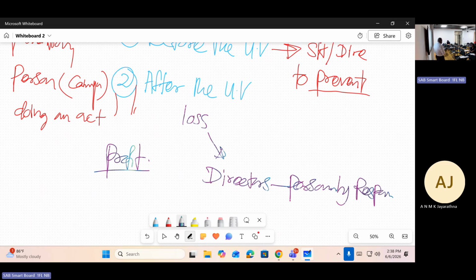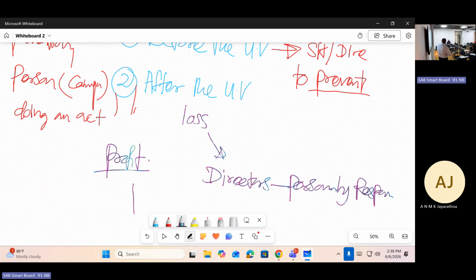The only thing is the company must be able to make a profit. Otherwise, they are personally responsible. The choice is given to the board of directors. They can decide that. So that is the change done in this Companies Act according to section 17.